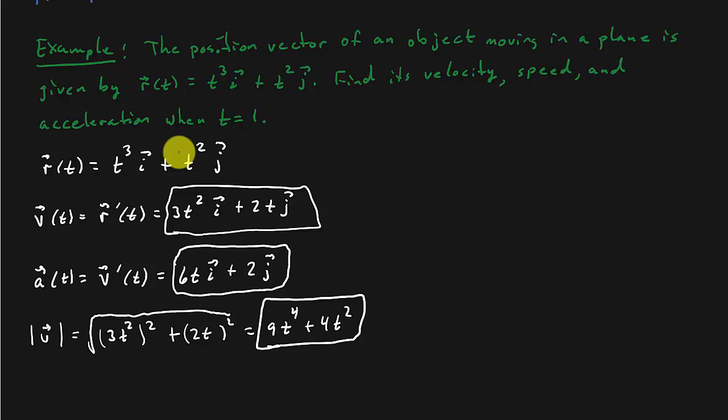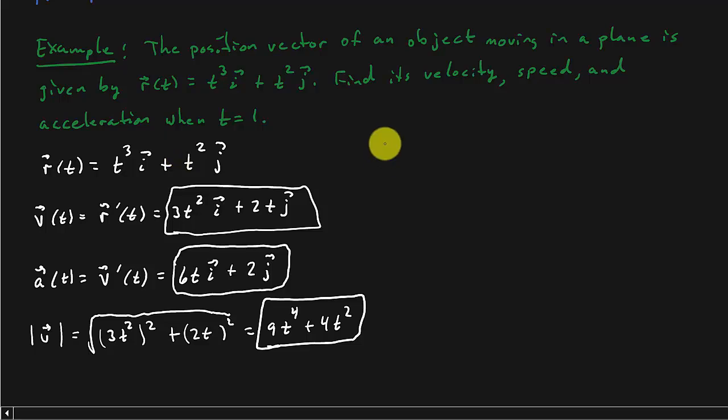All right, so that's just going to be v of 1, right? V of 1, we're going to plug the 1 in, so that's 3 times 1 squared times vector i plus 2 times 1 times vector j, which is 3i plus 2j.